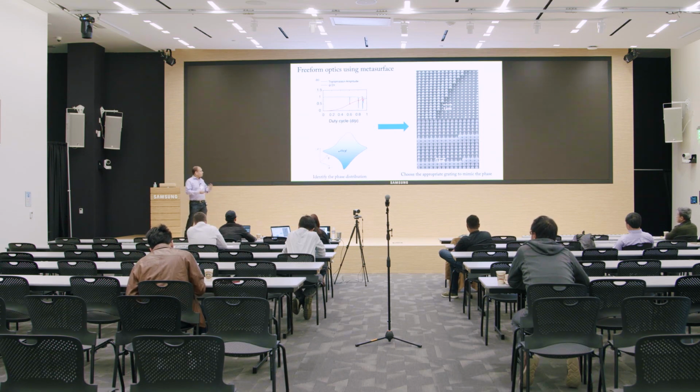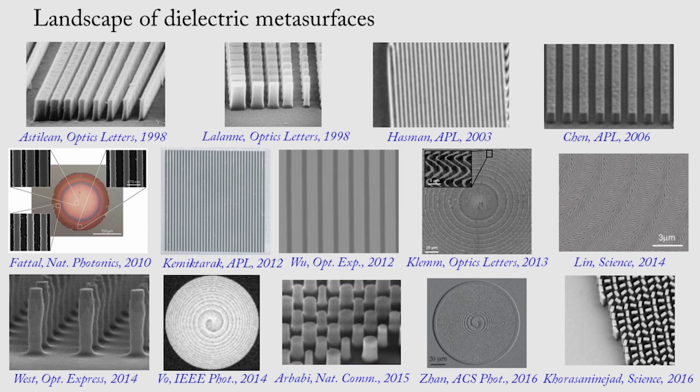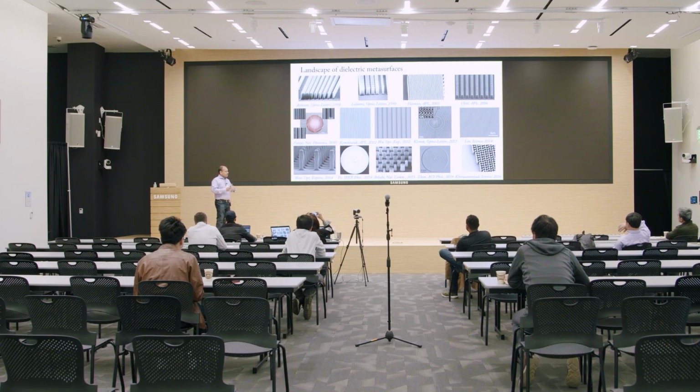Okay, so these metasurface ideas are not necessarily very new. People were thinking about this almost 20 years back. They called them sub-wavelength gratings, but these are essentially the same idea. One reason I think there is a huge rejuvenation of this field, with a lot of work going on right now, is that we have much better fabrication, and also a lot of computational power to design these metasurfaces.